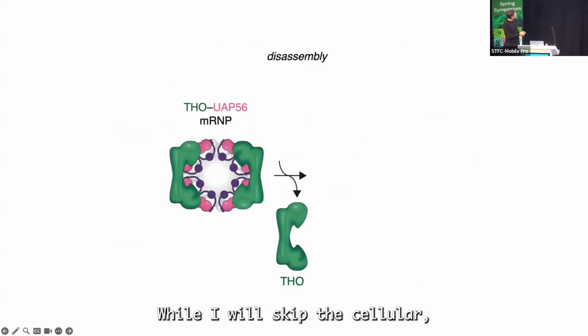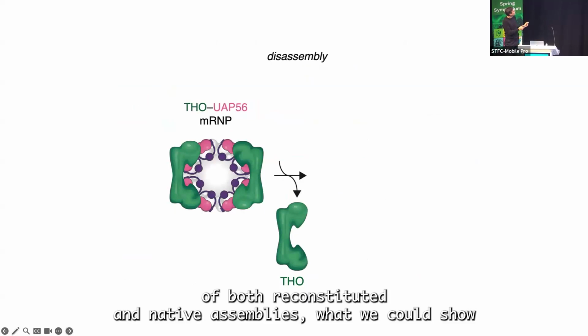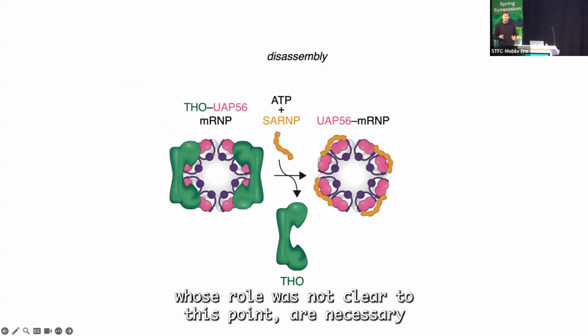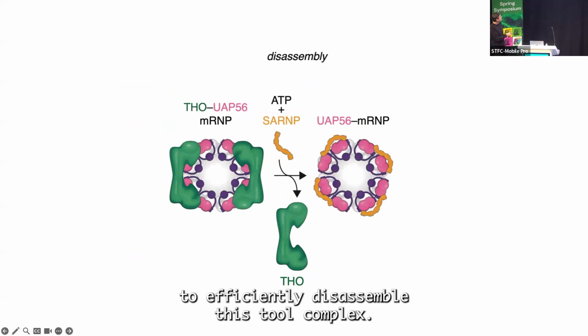While I will skip the cellular, genetic, and biochemical data of both reconstituted and native assemblies, what we could show is that the addition of ATP and another factor in the pathway, whose role was not clear to this point, are necessary to efficiently disassemble this Tau complex.